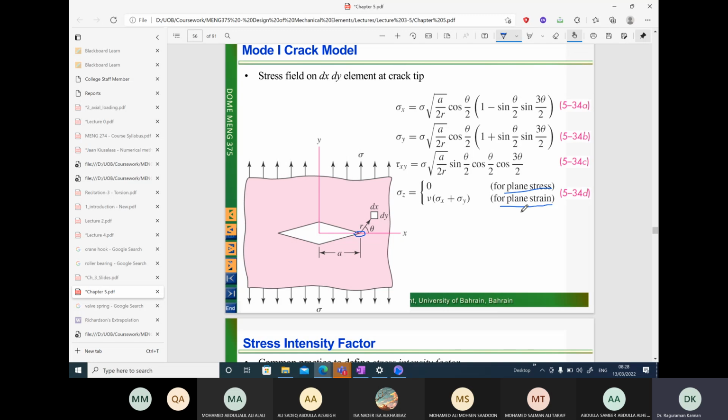In the plane strain condition, it is the strain quantities which are 0, but not the stress quantities. So therefore you have the sigma zz component, but the other shear components are also assumed to be 0, especially under these types of load where we have only normal stresses.